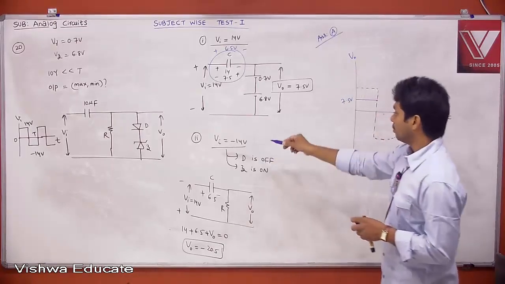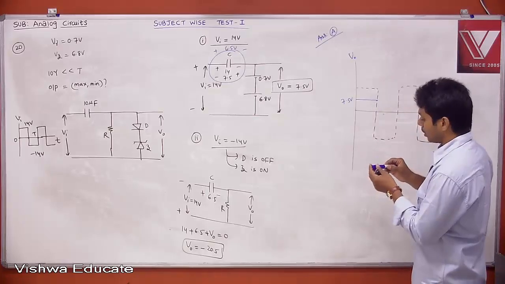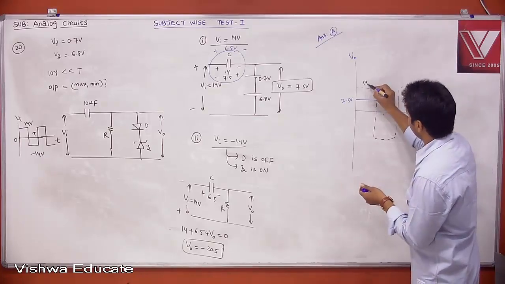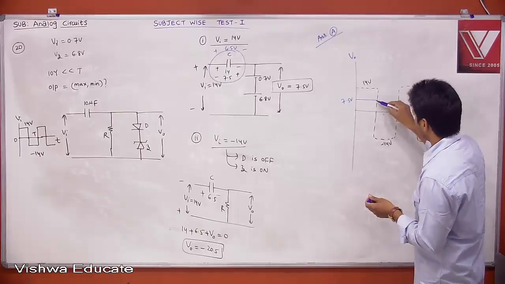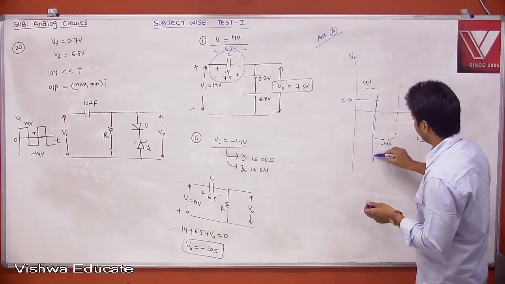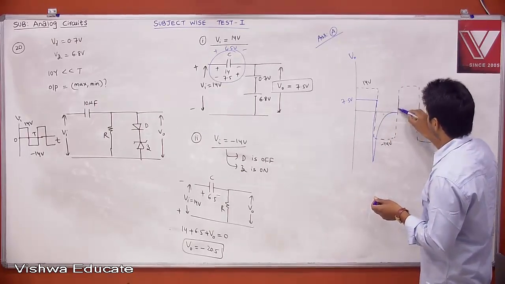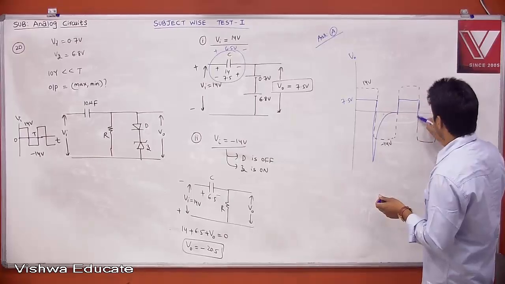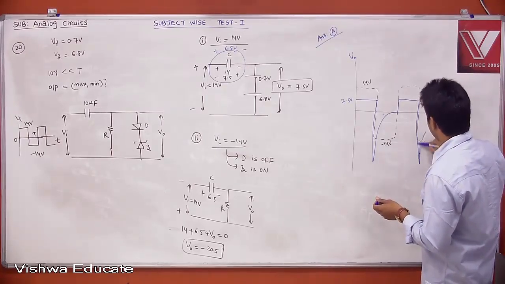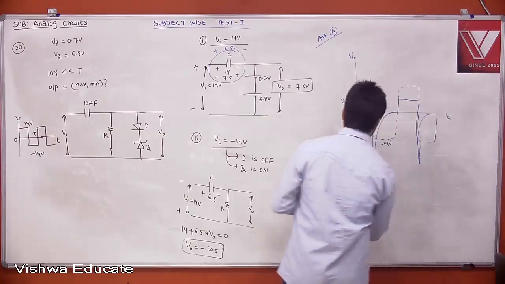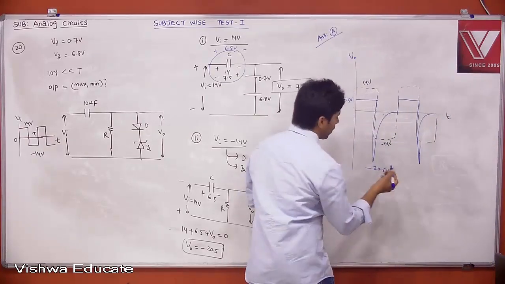But when the input changes from plus 14 to minus 14, it will go to minus 20.5, but immediately it will come back. It is disturbing your clamping action. The question is only asking about max and min.